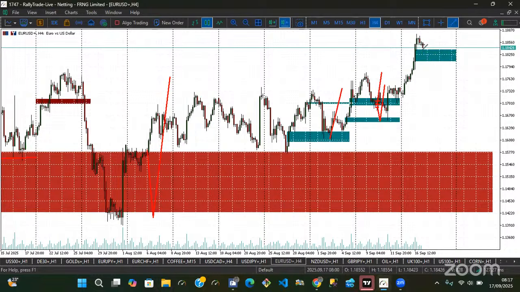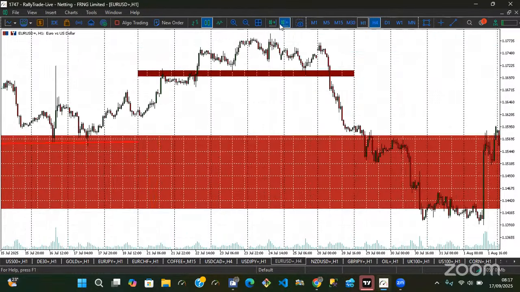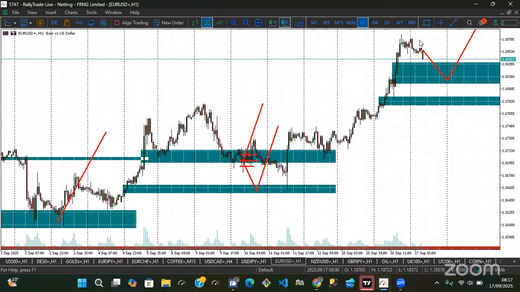So price can enter into this level, then pull up again. Then also we have this level two, this little one here, before it pulls to the upside. So there are two possible areas on the euro dollar where price will most likely go up. Here is one, and here is two.